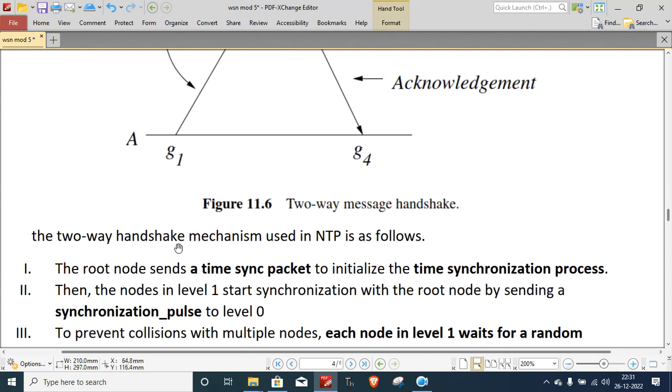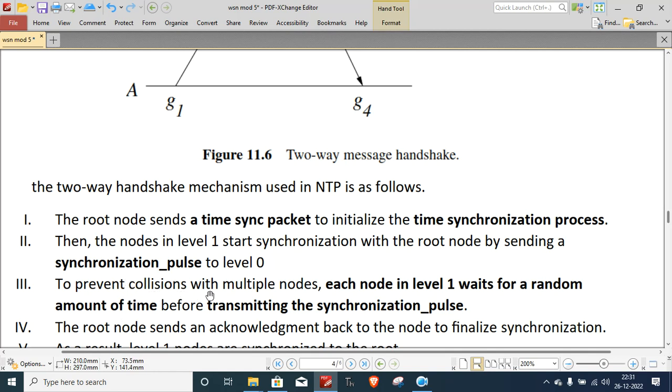The two-way handshake mechanism used in NTP is as follows. The root node sends a time synchronization packet to initialize the time synchronization process. Then the nodes in level 1 start synchronization with the root node by sending a synchronization pulse to level 0.